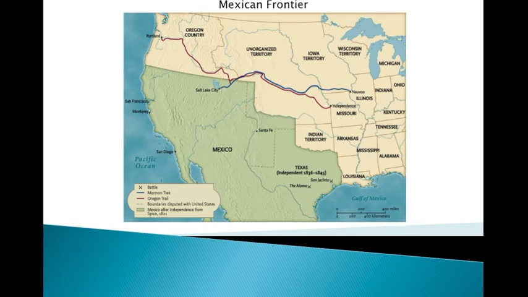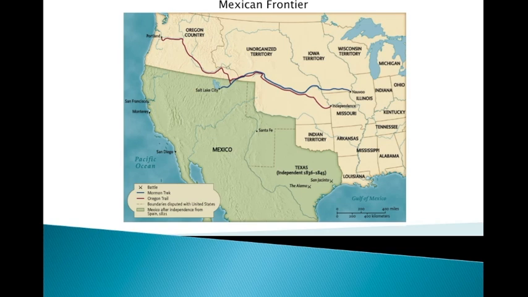And Sam Houston, who was a former governor of Tennessee, defeated Santa Anna's army at the Battle of San Jacinto. So what happens as a result is that Texas got its independence. And the Texas Congress, which was part of this provisional government and became part of a permanent government when Texas became independent, called for a union with the United States in 1837.